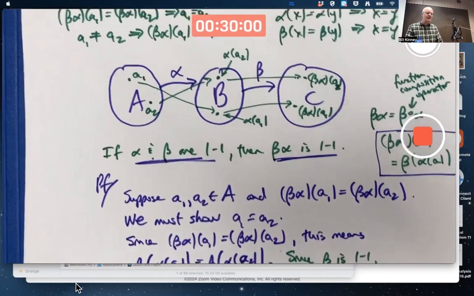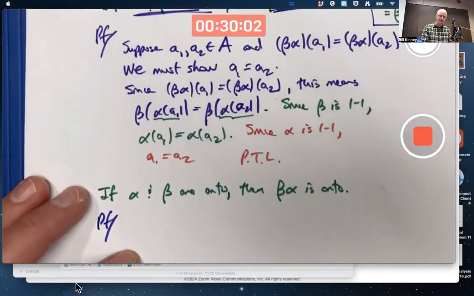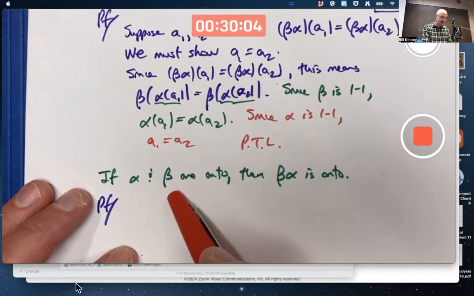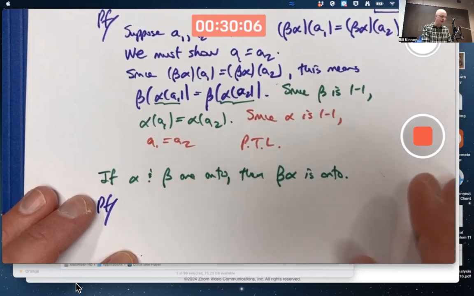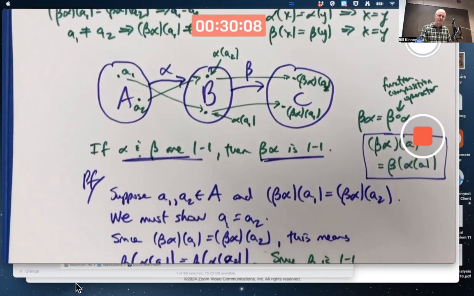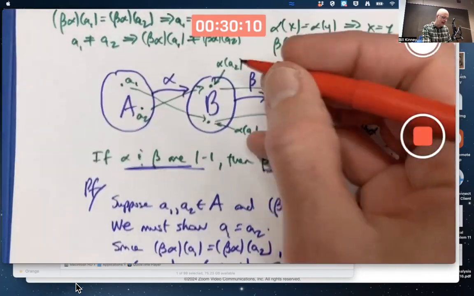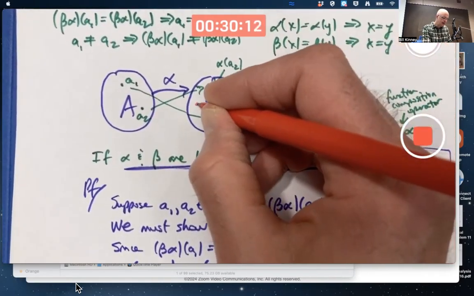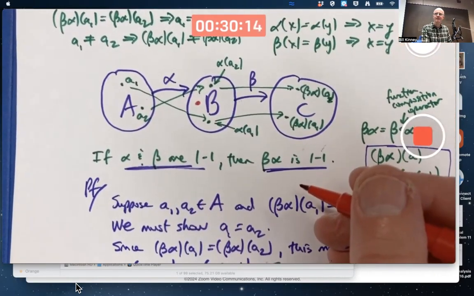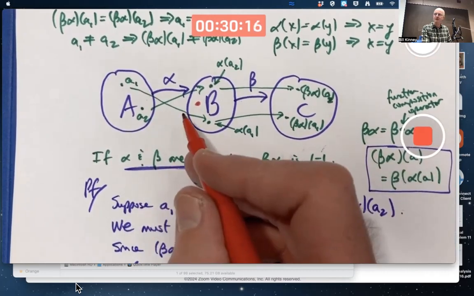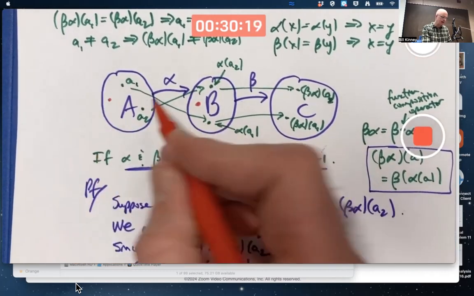With regard to being onto, I'm assuming each individual function is onto, and I want to show the composition is onto. What does onto mean? Give me any element of capital B. The fact that alpha is onto means there's some element of capital A that gets mapped to it.